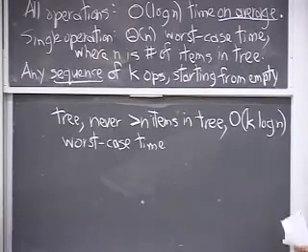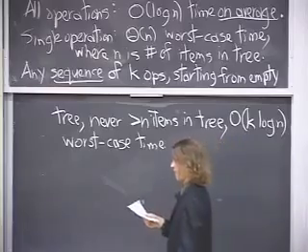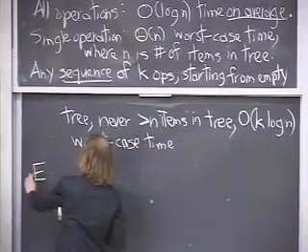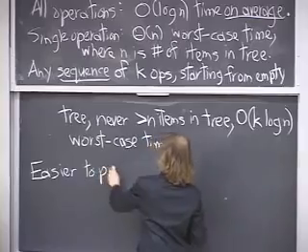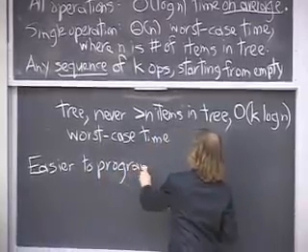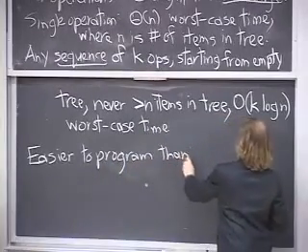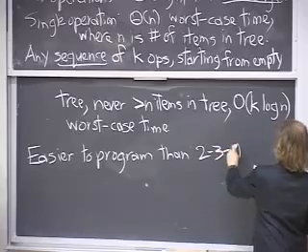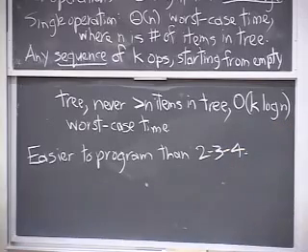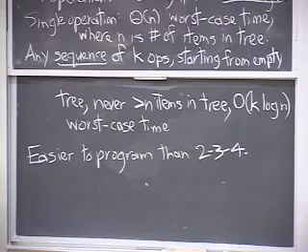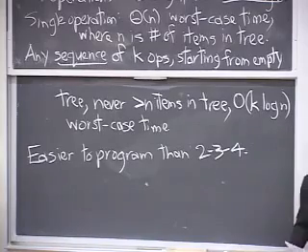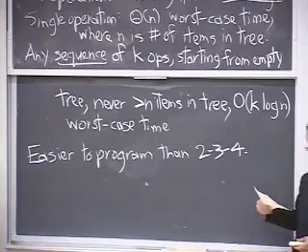Other nice things about Splay trees, besides the log n time, is that they're much easier to program than 2, 3, 4 trees. And they can often be quite a bit faster, because one of the things that Splay trees do well is they give you fast access to data that you've recently accessed.